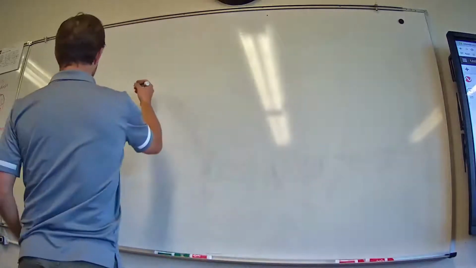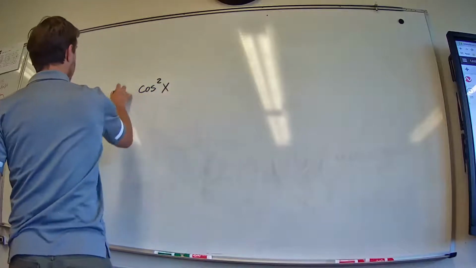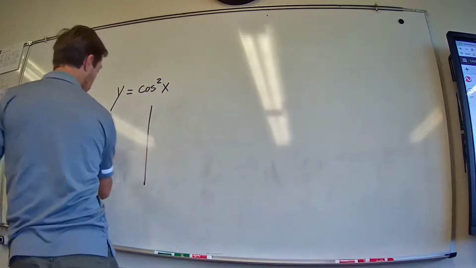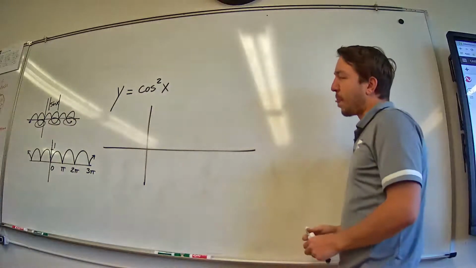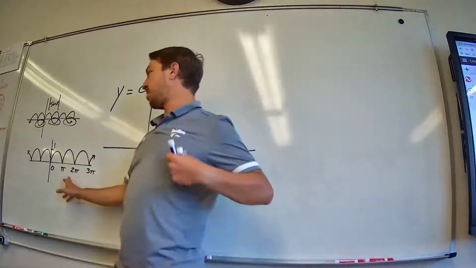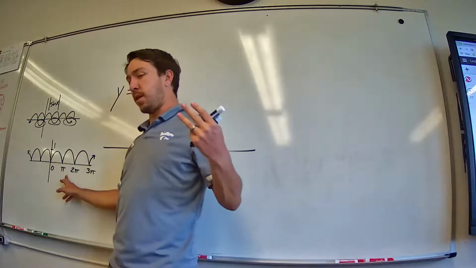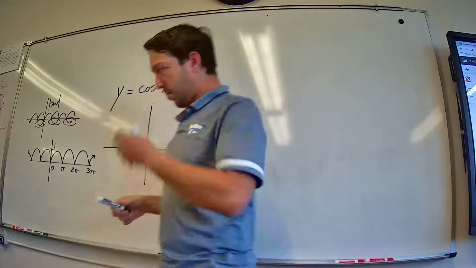Okay, so then cosine squared. What does something like this look like? This is a little weird, actually. Might surprise you. I like what April said about this one having the same zeros as the original sine function, right?